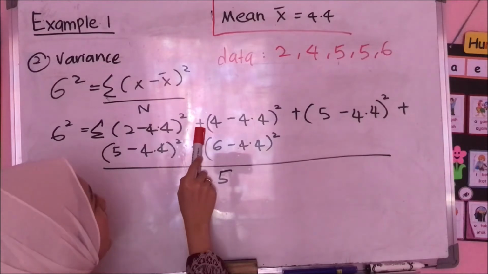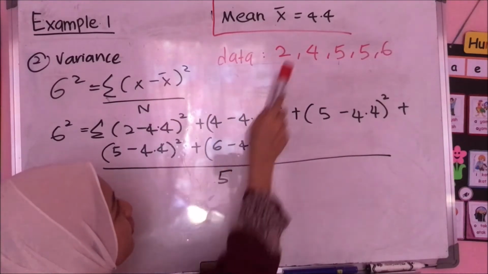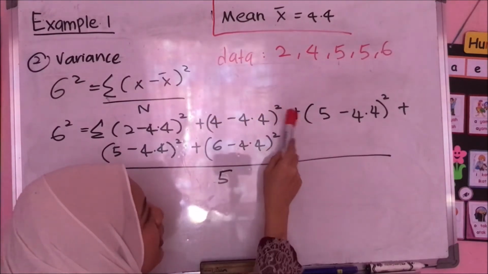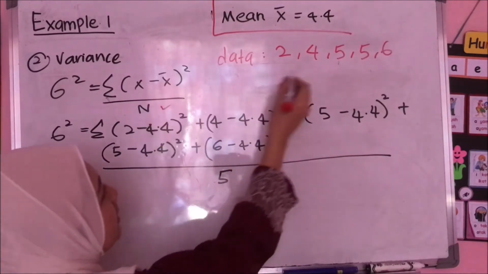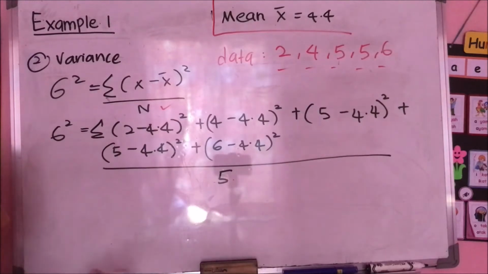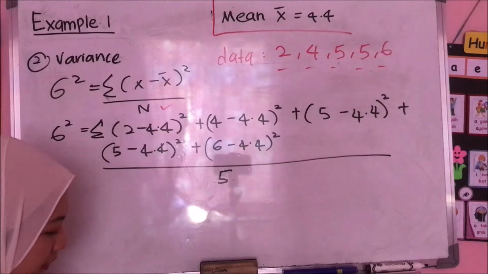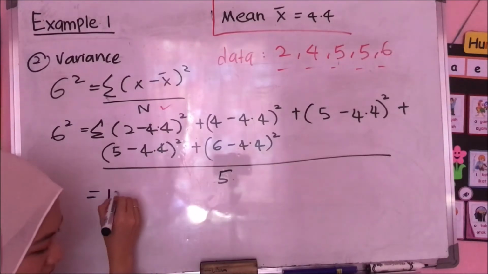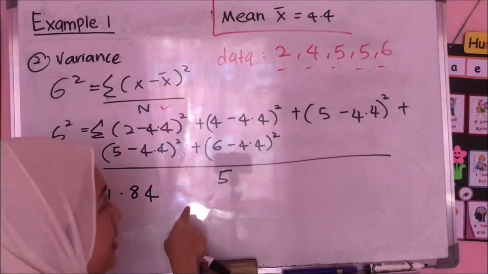Plus the next data minus 4.4, our mean, and square, and so on, divided by n. N is the number of data, 1, 2, 3, 4, 5. We have 5, and the answer is the variance is 1.84. Okay, for this example 1.